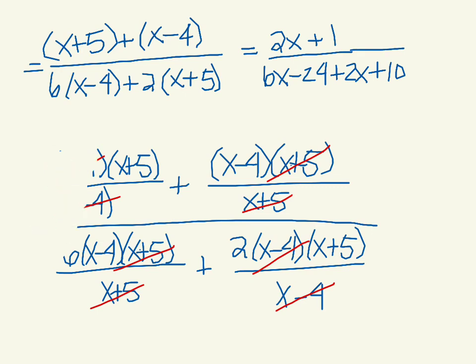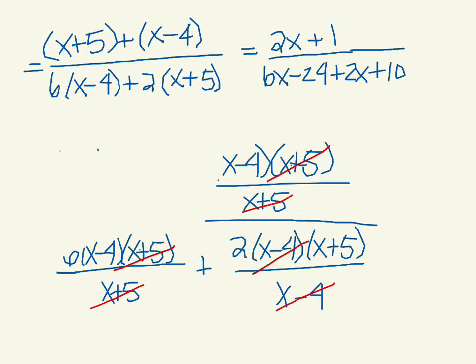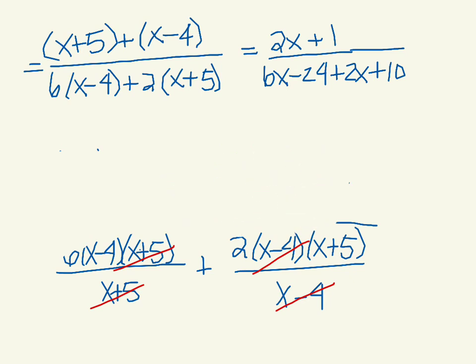I need to make some room again. And this gives me still a 2x plus 1 in the numerator. Over, let's see, 6 plus 2 is 8, so we get 8x. And then negative 24 plus 10 is minus 14.